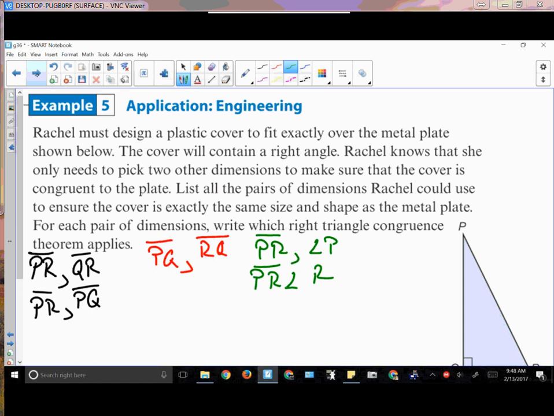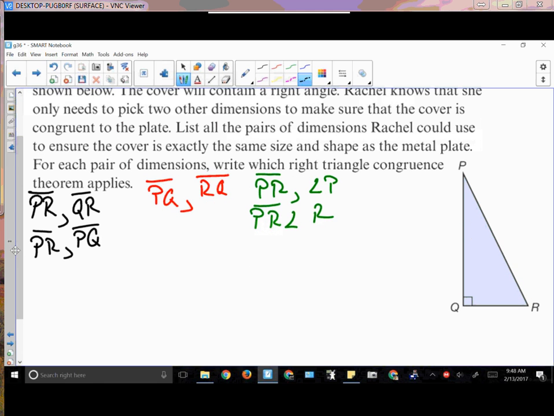So if I were to identify angle P and PQ, and angle R and RQ, if I knew those things, would I be able to go through and identify?